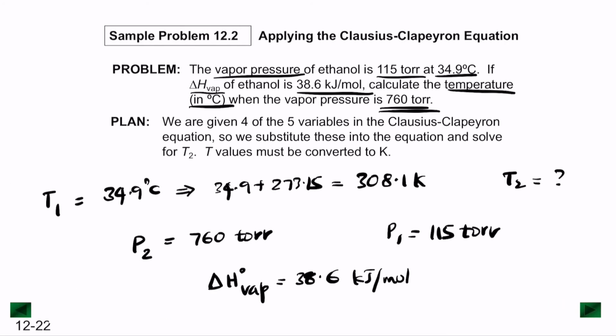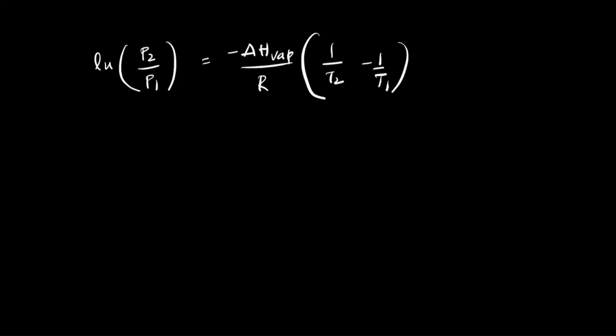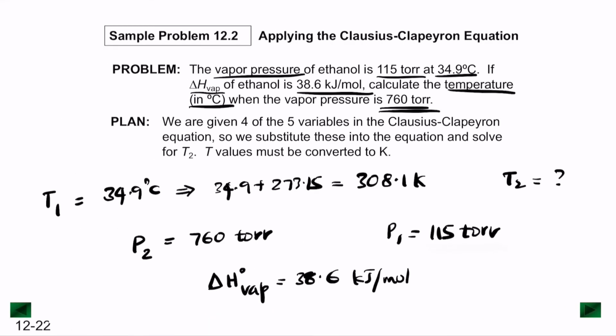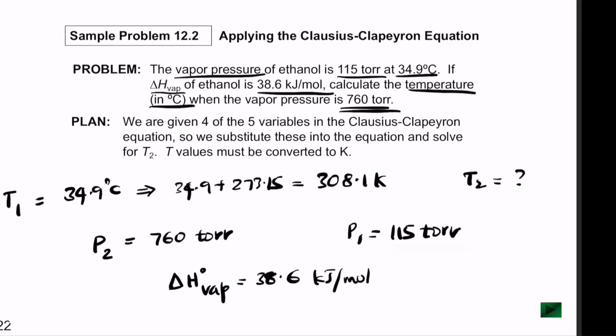So we have all the values that we need. We have P1 and P2. Notice that these are the same units and it's a ratio, so we do not need to convert units here. We can write the values directly.